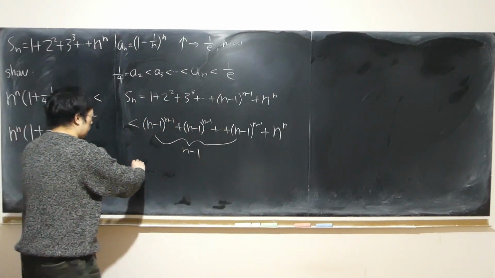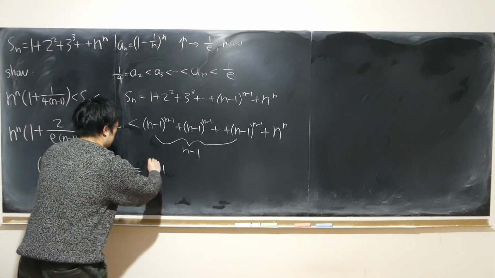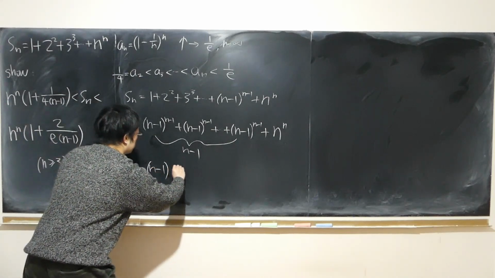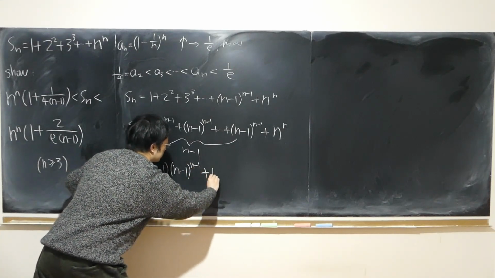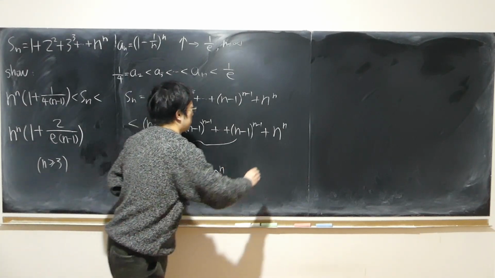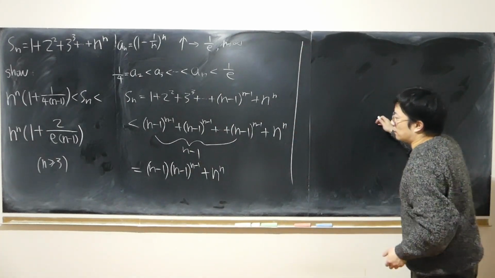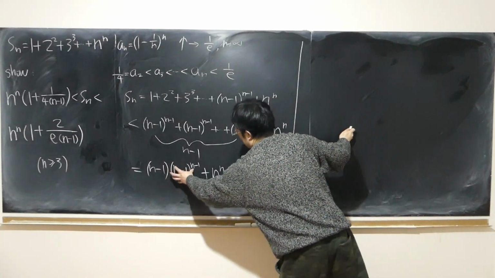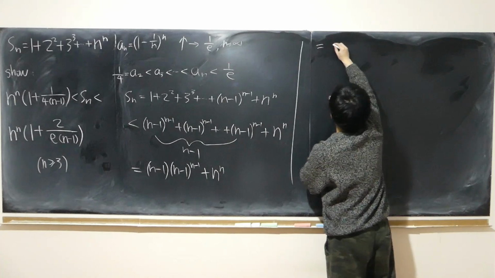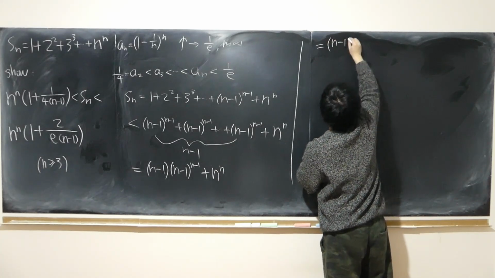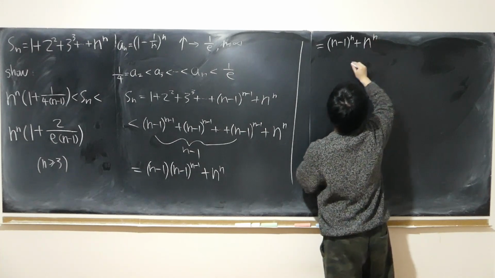So that should look like n minus 1 times each term plus the last term. So combine those first two terms: that should be (n-1)^n plus n^n.